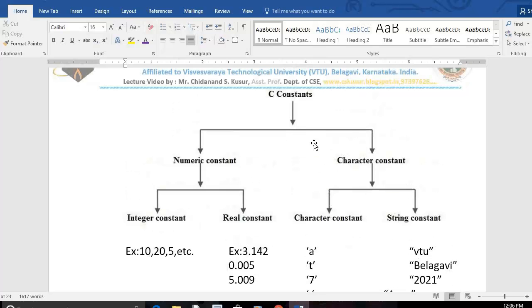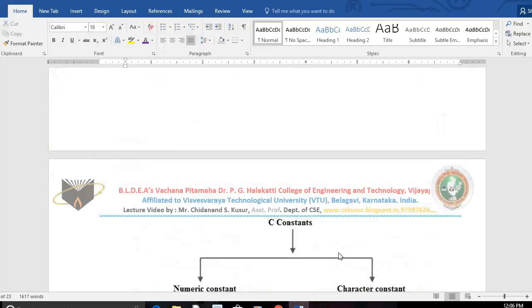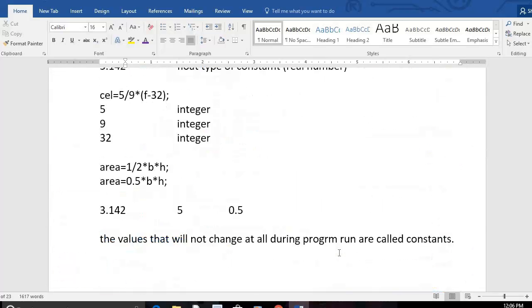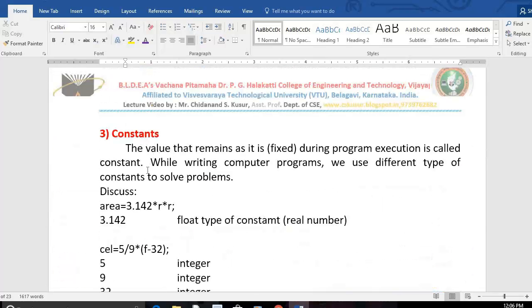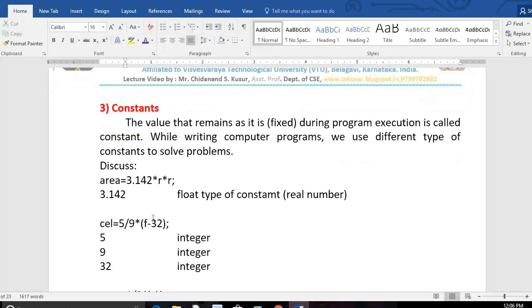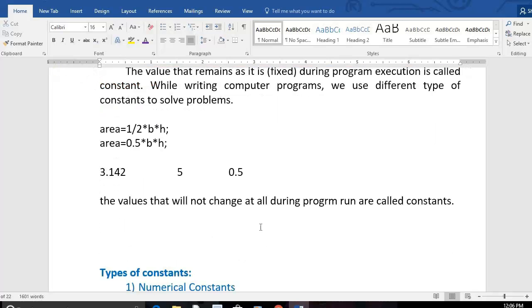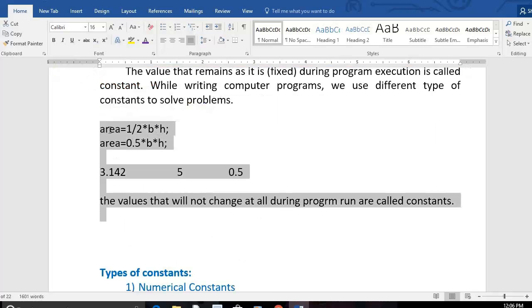But before drawing this tree and writing these examples, I request you to explain what constants are. The value that remains as it is during program run is called constant. While writing computer programs, we use different types of constants to solve problems, and afterwards you can give some examples. The student who explains like this gets good marks.